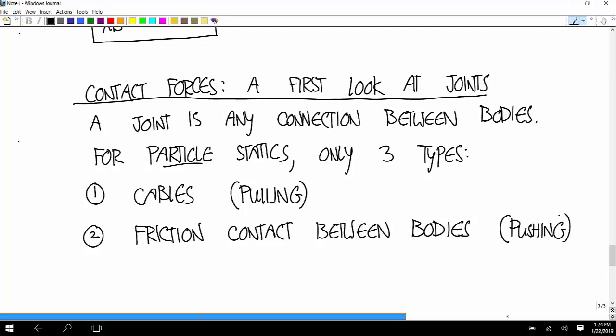And then there's contact between 2 bodies with friction. Yeah, I'm sorry, I wrote the wrong thing. This should be frictionless. And then the third one is friction contact.